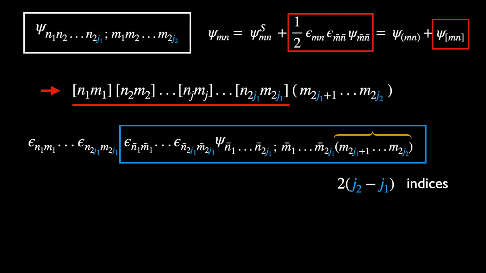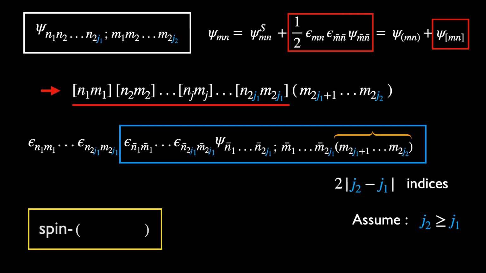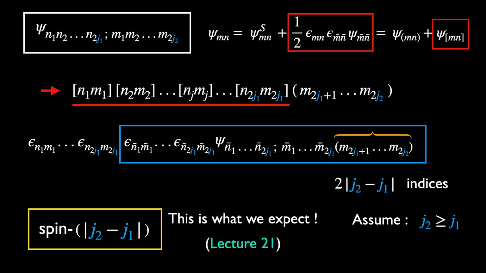And given our assumption of j2 greater or equal to j1, this is just equal to 2 times the absolute difference between j2 and j1, which corresponds to the spin equal to the absolute difference between j2 and j1. This is exactly the lower spin that could have come from the composition of j1 and j2. We have derived this in a different way in lecture 21.